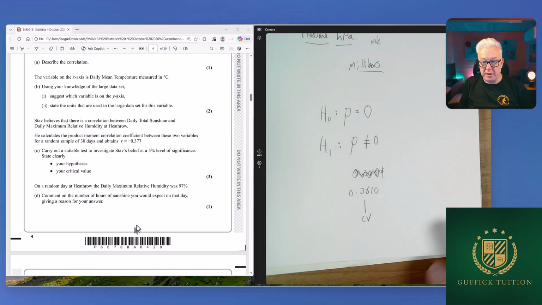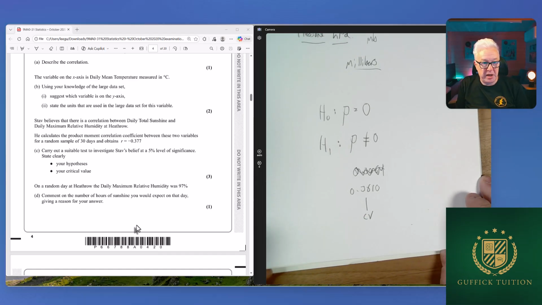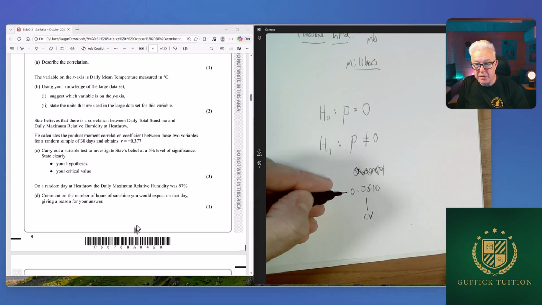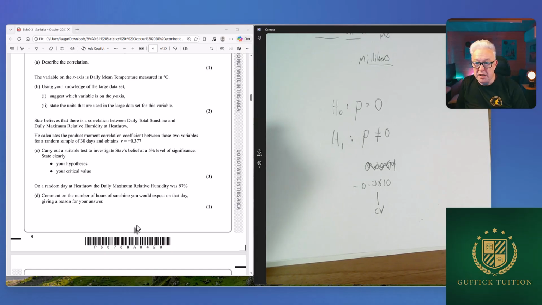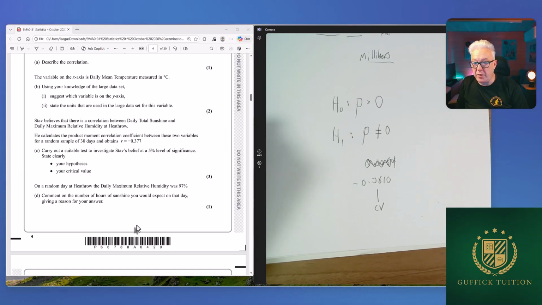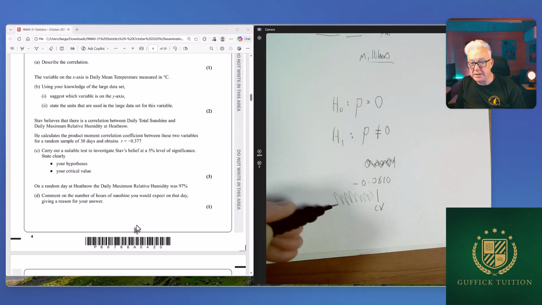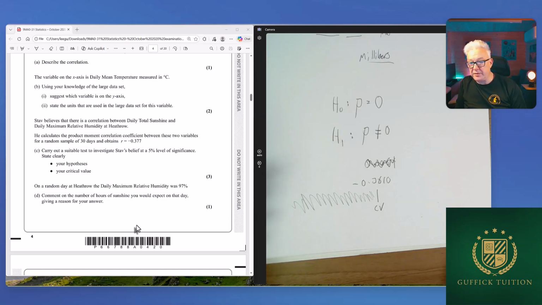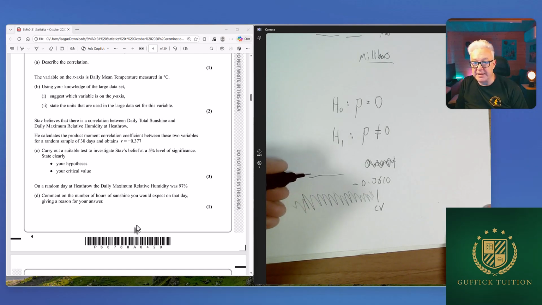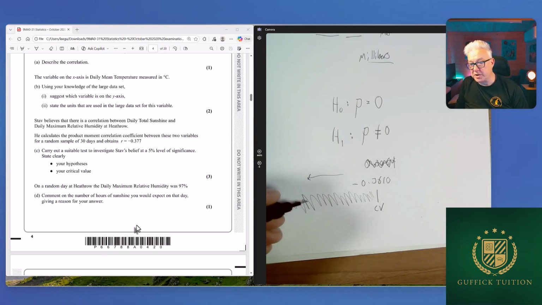Now, we've got to decide, are we going to use positive or negative here? Well, Stav has calculated it to be minus 0.377. So that means that we're going to say that minus 0.3610 is our critical value. Now, when we're over at this end of the distribution, anything that's less than minus 0.3610 is going to be in our critical region.